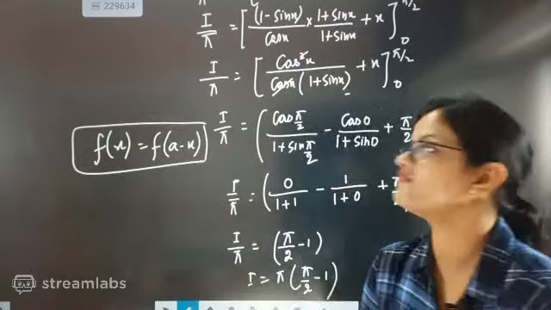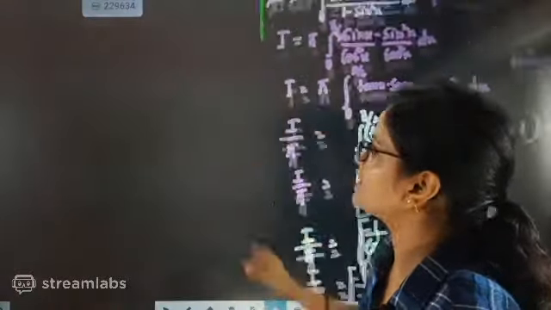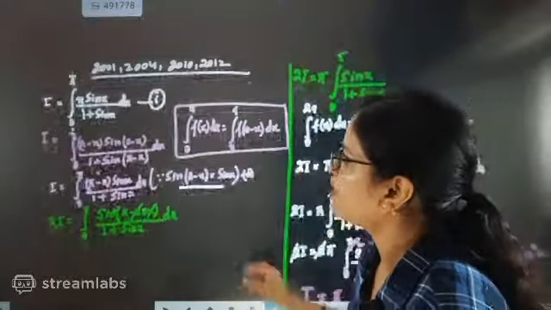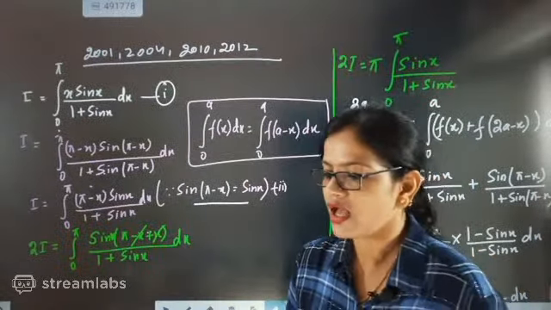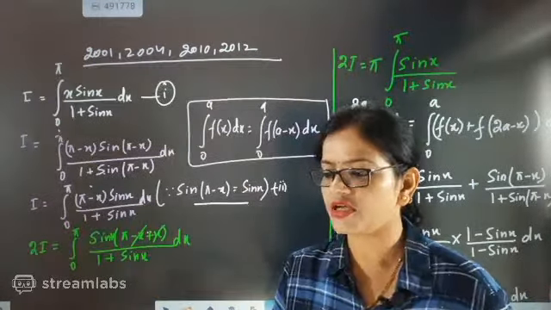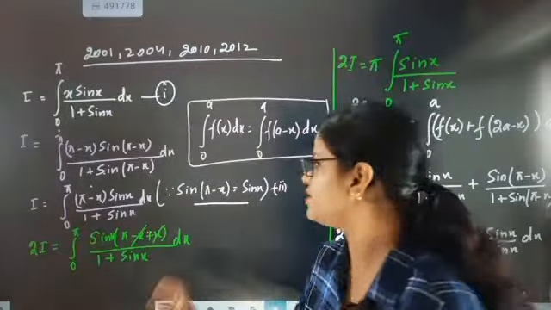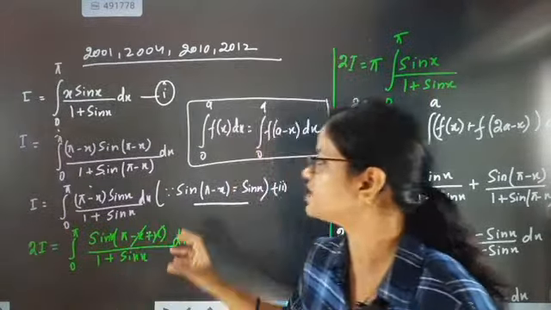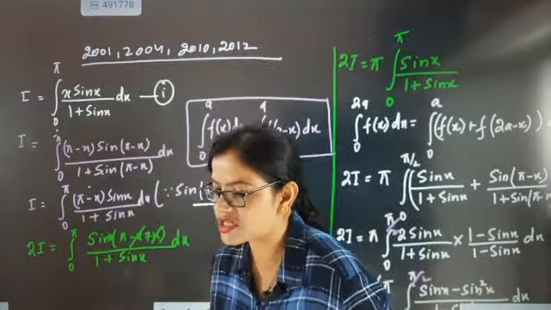Because of that, what I have done here is very cleverly use other properties. Rather than directly applying that property, to solve these types of questions I went very slowly, and checked that f of x equals f of a minus x holds. So very cleverly I did one small piece of work: I didn't use that property directly. I said that if the function is odd, the answer is directly 0.